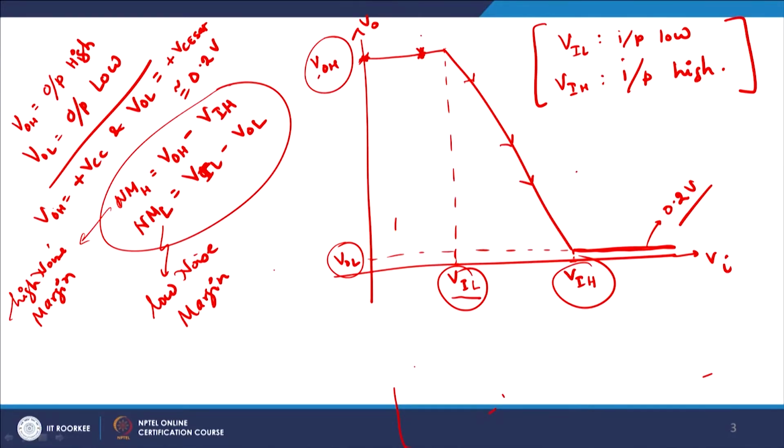So let us suppose you had biased your device somewhere here, and your input cycle was slightly like this, no problem. The maximum value of the Q point goes from here to here, no problem, your output is still high. But if you make your input very large because of noise or some other means, this Q point will shift from here to somewhere here, and therefore the output starts to fall down, and you are not able to store the information of 1 on the output side, because the input is actually going from high to low.